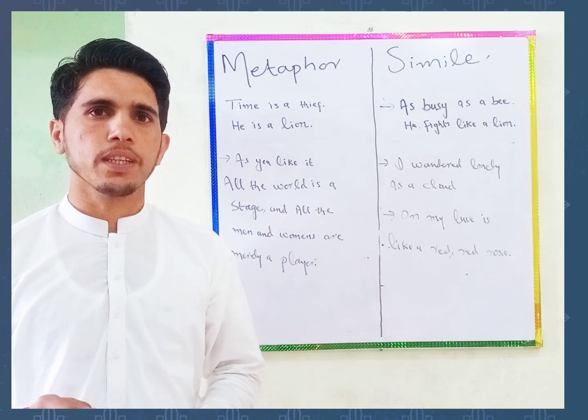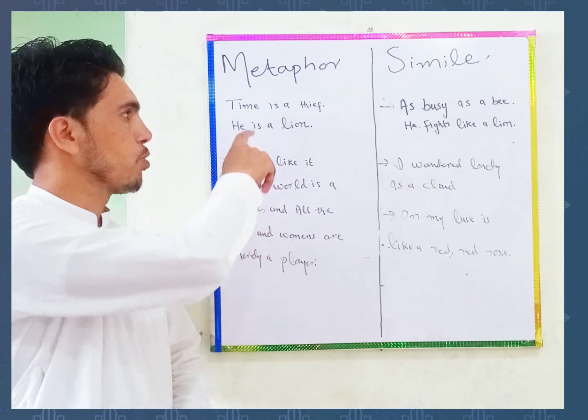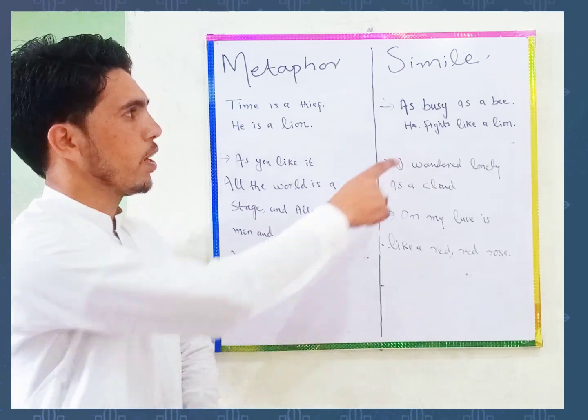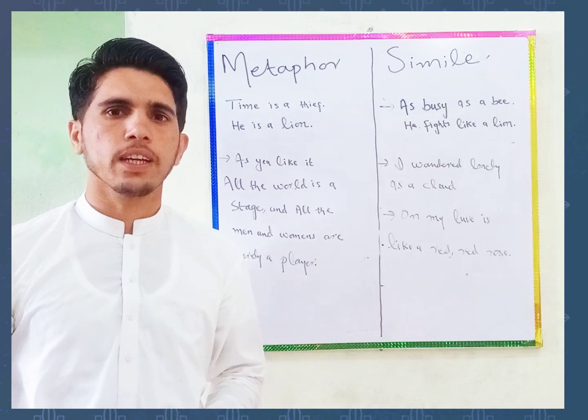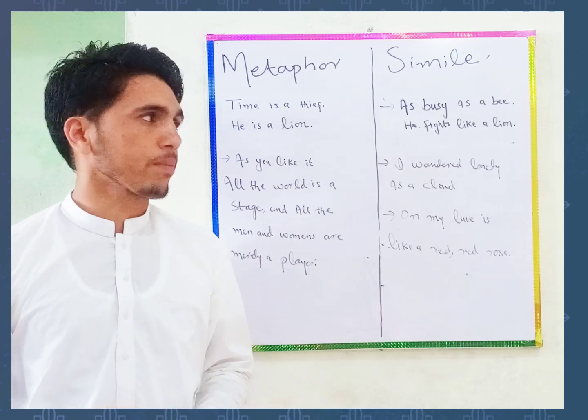It is a direct comparison between two unlike things, human and lion, without the use of like or as, so this is metaphor. While in the case of simile we have as busy as a bee, so the quality of busyness of a bee is being compared with a human being.